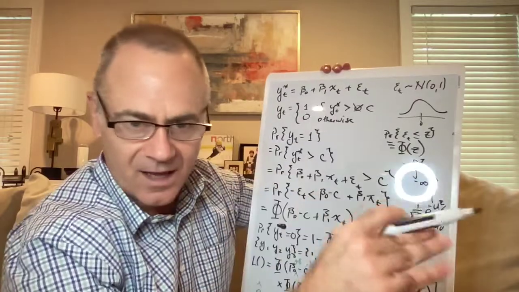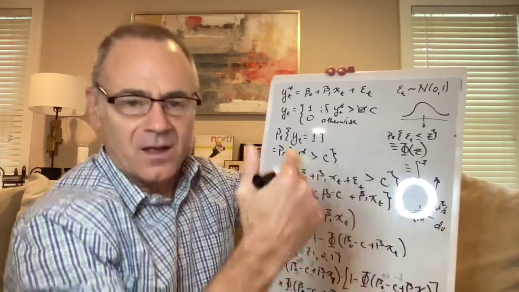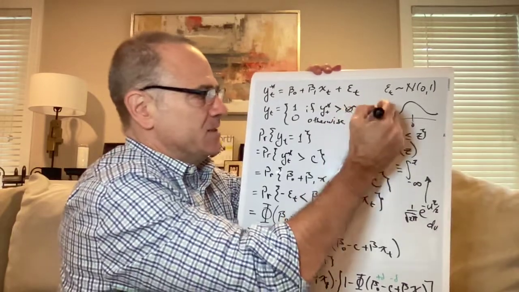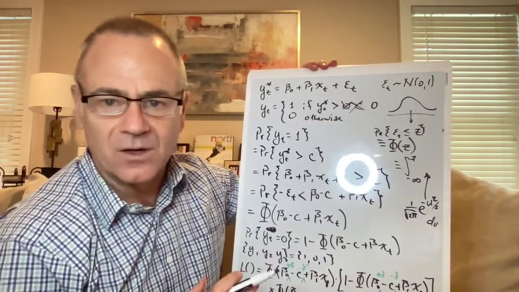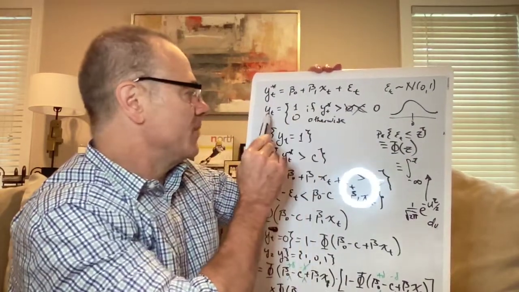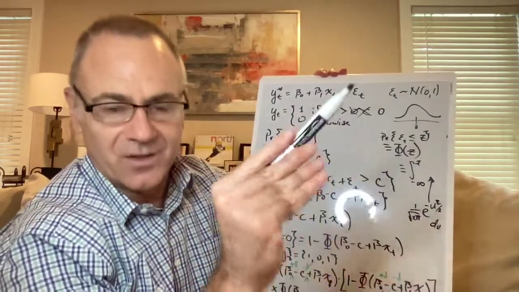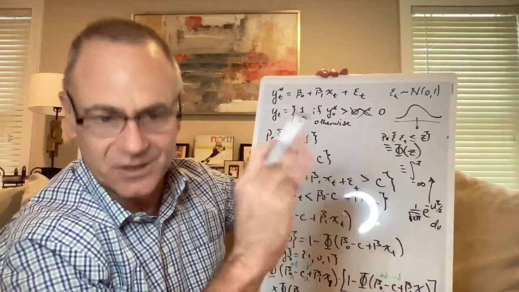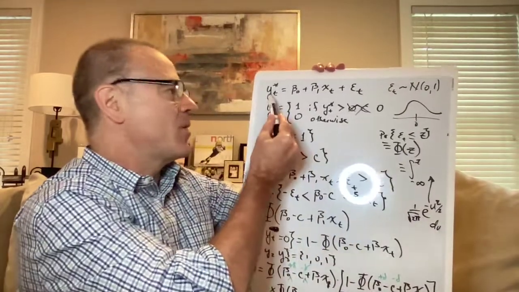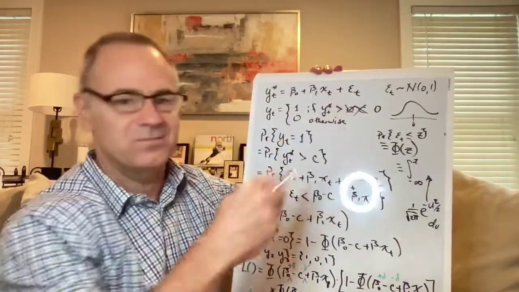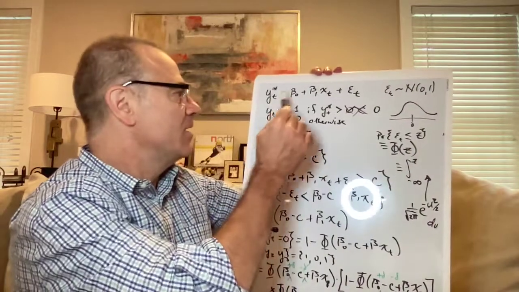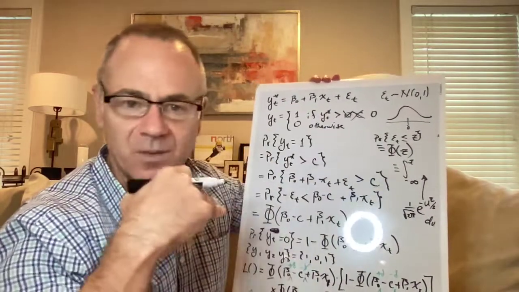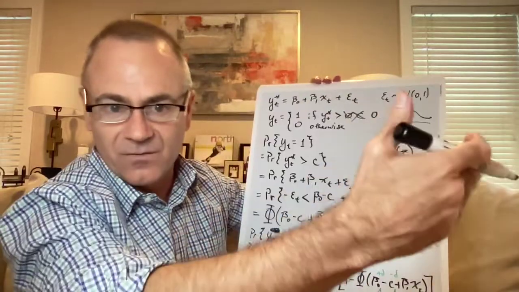There's an underlying latent variable. Last time I said it was C, but now let's just go back to 0. With the Logit estimation technique, the dependent variable is 0, 1, just like Probit. We're going to talk about an underlying latent variable that goes from negative infinity to infinity.